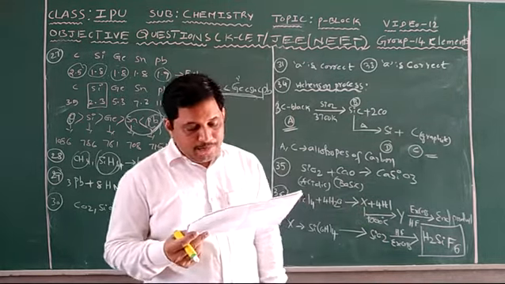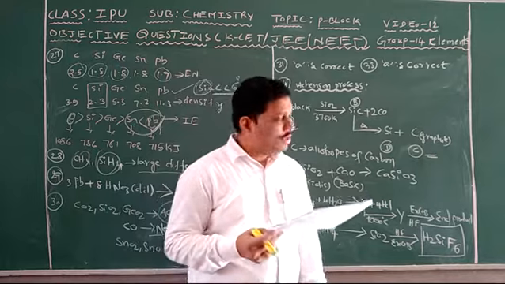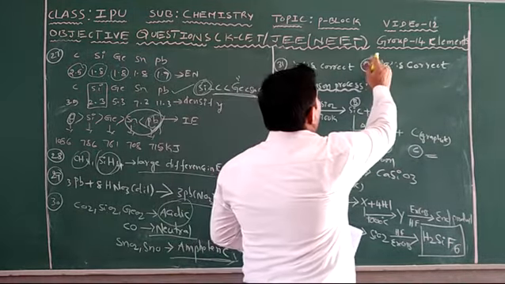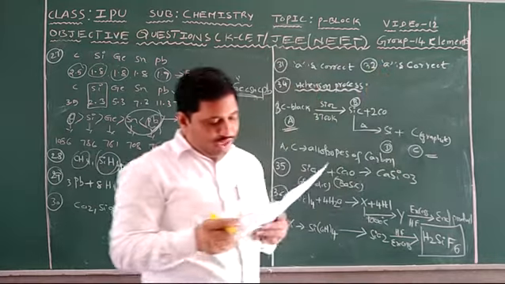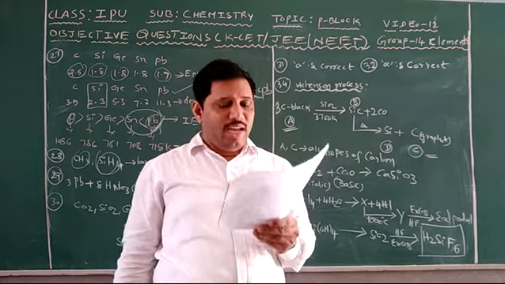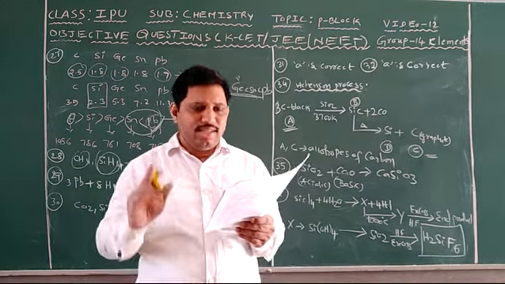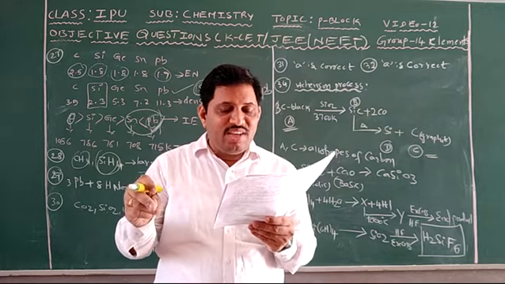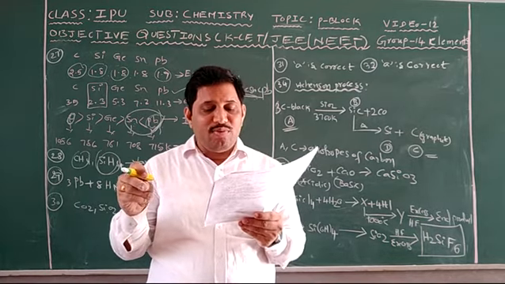Next, similarly, question number 32, students. Diamond is a very hard element. That is the correct statement. Diamond has a giant three-dimensional network structure and the C-C bond is very strong.